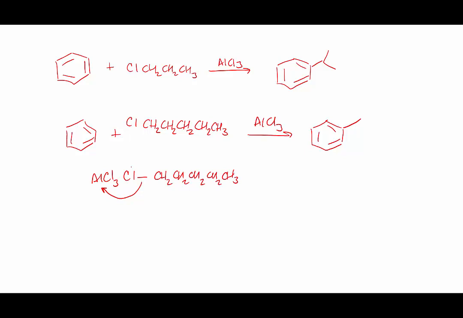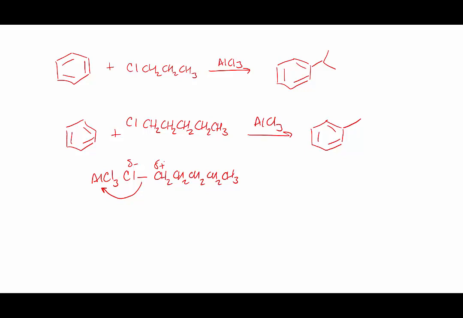And eventually this is going to become more and more delta minus, and that becomes more and more delta positive until that delta positive would add to the ring. Because we're still not allowed positive primary carbocations in solution. We're only allowed those in gas phase, mass spec.